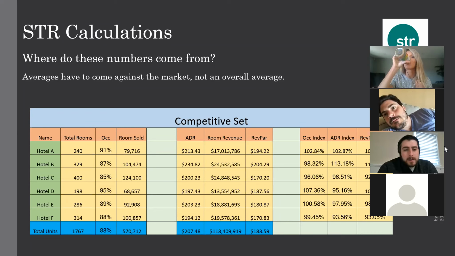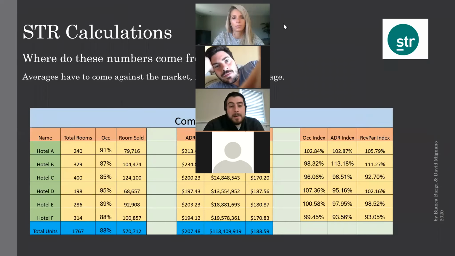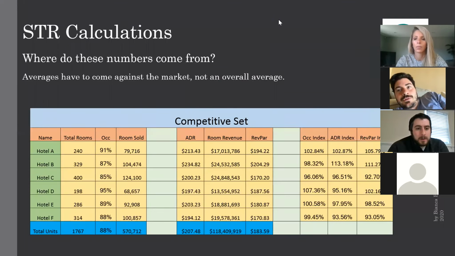What you need to do is calculate the entire market's occupancy, then divide your occupancy by the market. I'm not sure how these numbers would have worked out because these are just dummy numbers, but typically if you just happen to take 91, 87, 85, 95, 89, 88% and divide by 6, it may come out to 88%, but a lot of times it will not. So your market occupancy can be different than just the basic average calculation of your comp set and yourself.